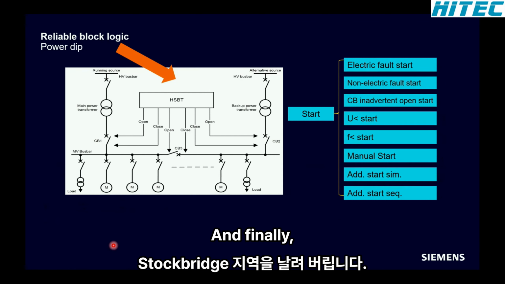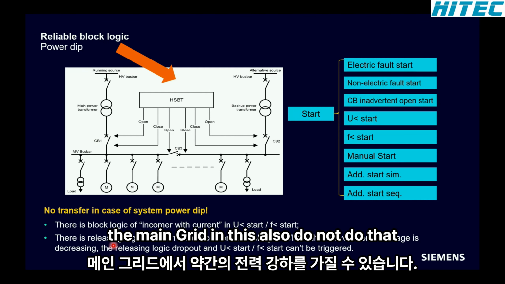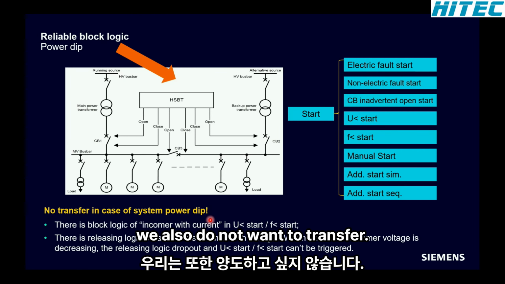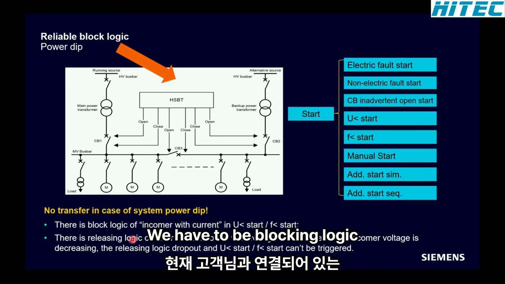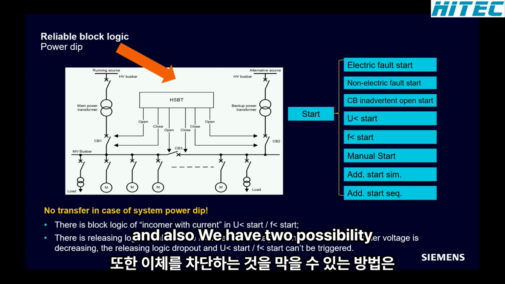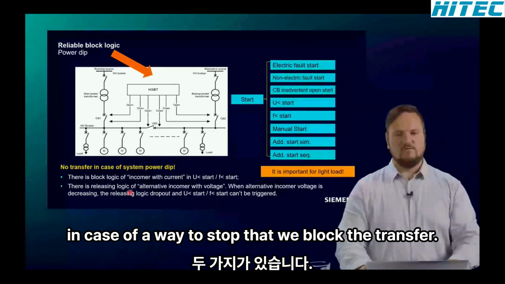Finally, we can also have some power dips in the main grid, and in that case we also do not want to transfer. We have the blocking logic, which is connected with the incomer current, and we also have the possibility, in case of a voltage drop, to block the transfer.